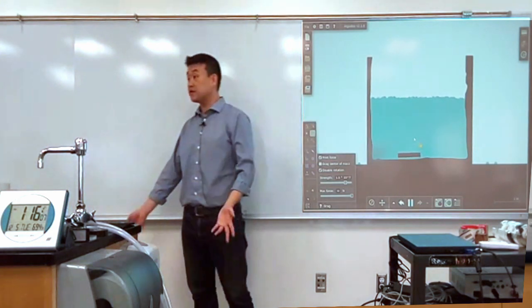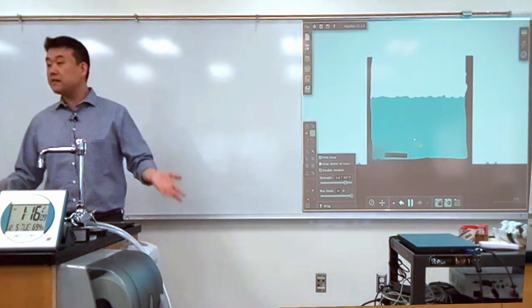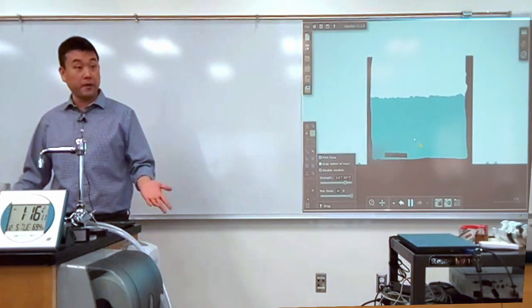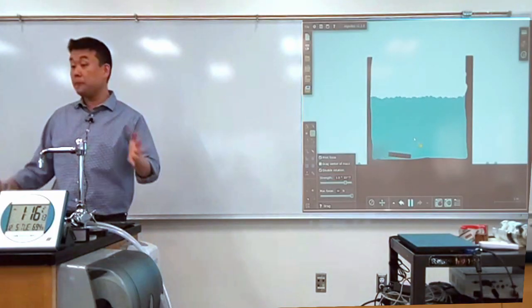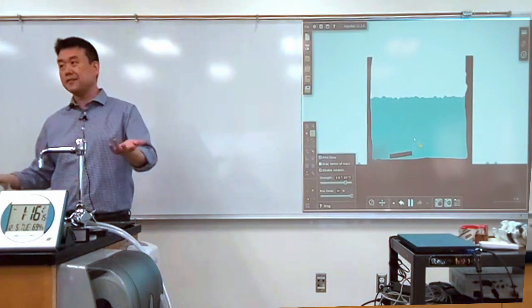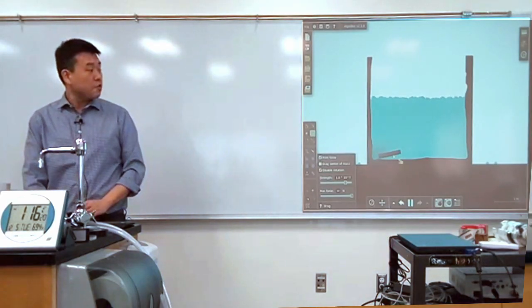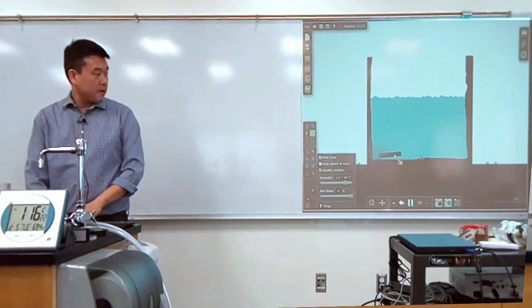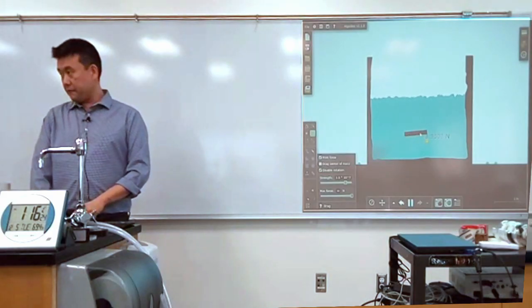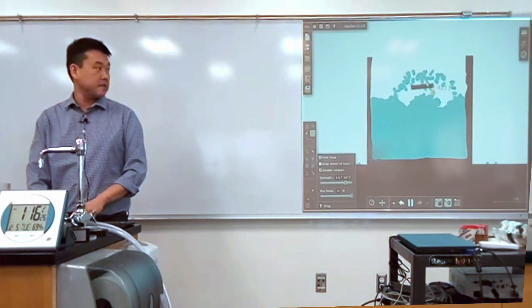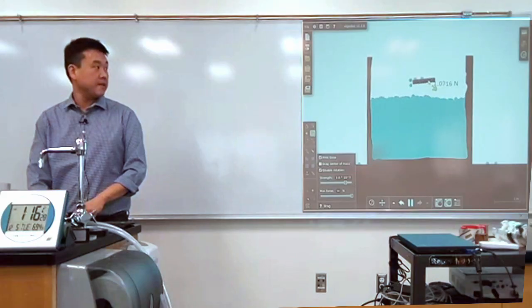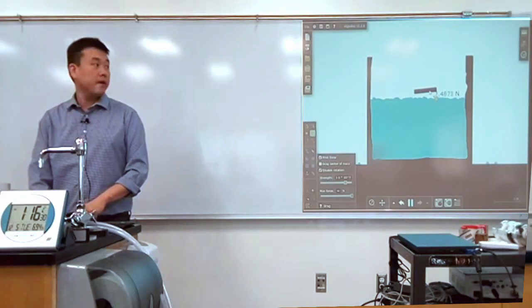It changes shape constantly. In fact, in your science class, you might remember that was one of the properties of liquid, that it takes the shape of the container, and if it's gas, it also takes the volume of the container.